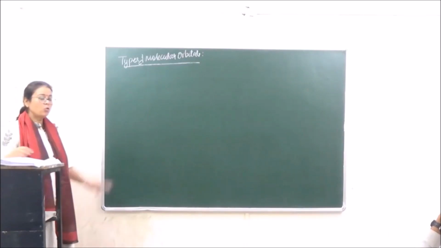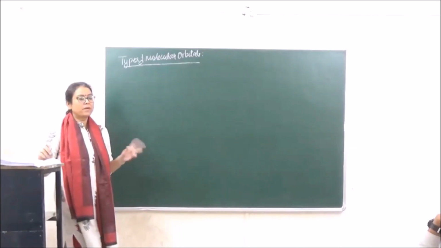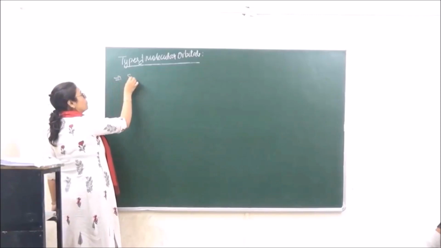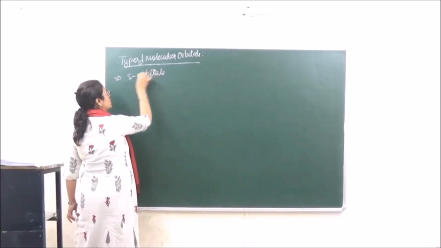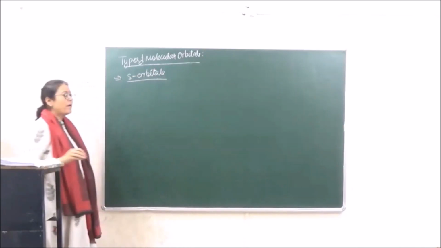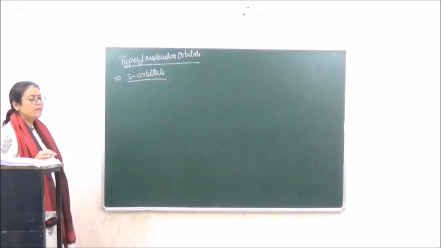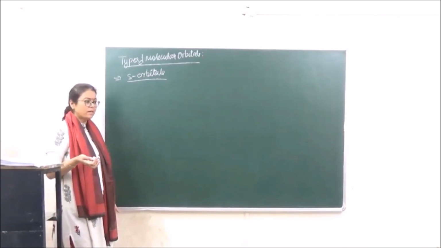Now we have done 2 types of overlapping. One is constructive and the other one is destructive. So let's first discuss the overlapping of s orbitals. S orbitals, you know, they are non-directional in nature. So they will have the positive and the negative charge localized in the same area.